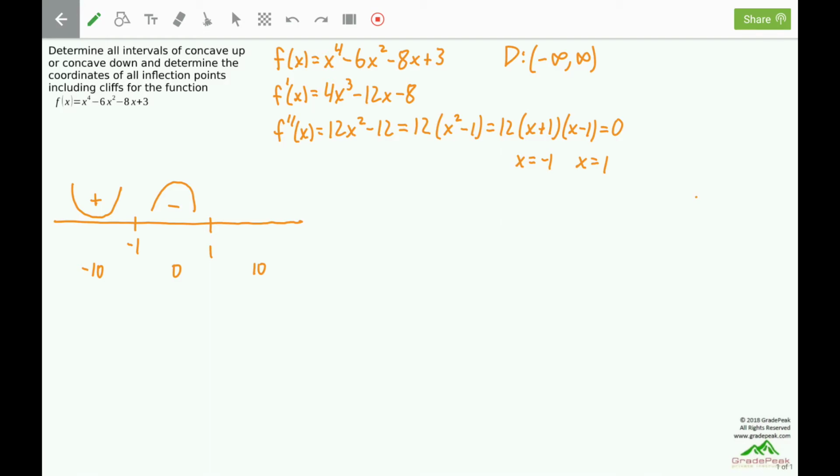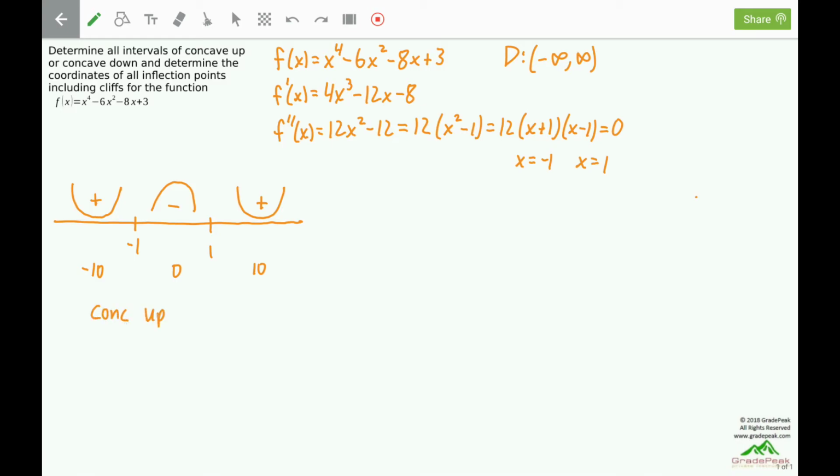We can now plug a positive 10 test value into the fully factored version of the second derivative. 10 plus 1 is positive. 10 minus 1 is positive. Positive times positive is positive. Times a positive 12 is still positive. We have a positive second derivative, which corresponds to concave up.